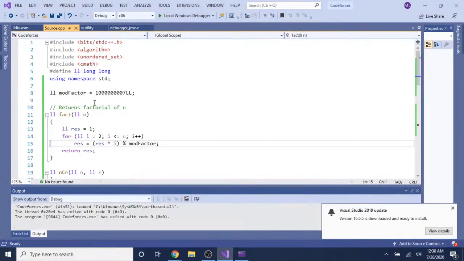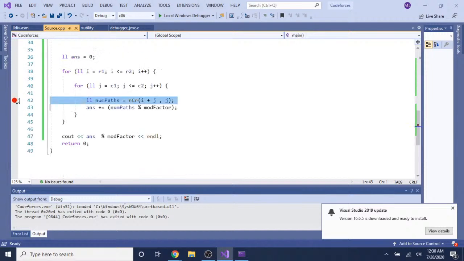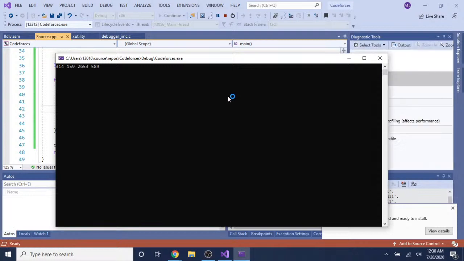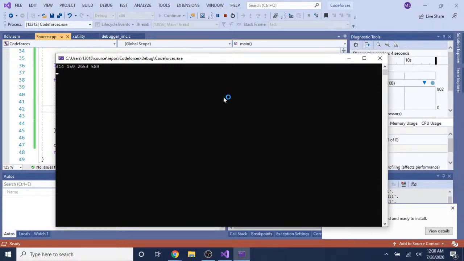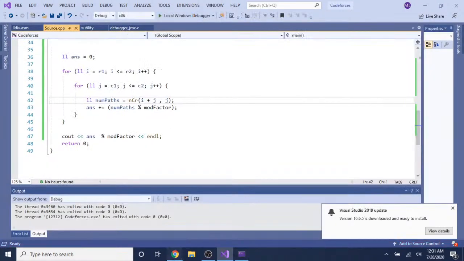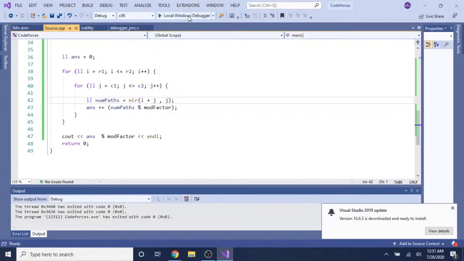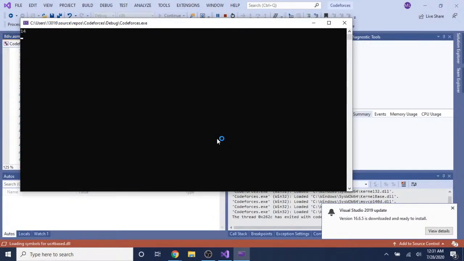So now I'm actually going to test it out. Okay, we're probably gonna get TLE the way it sits here. Let's check this out. So why are we getting TLE?